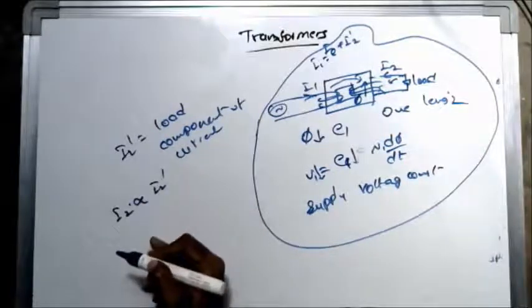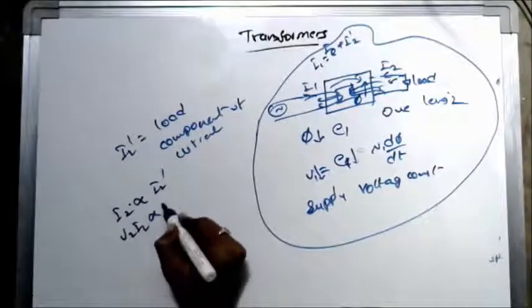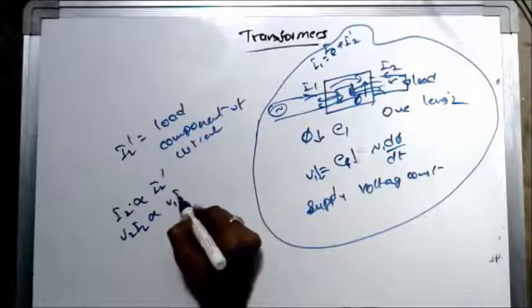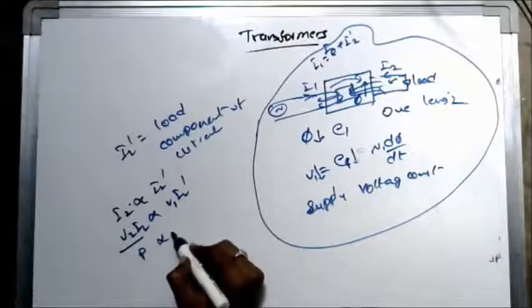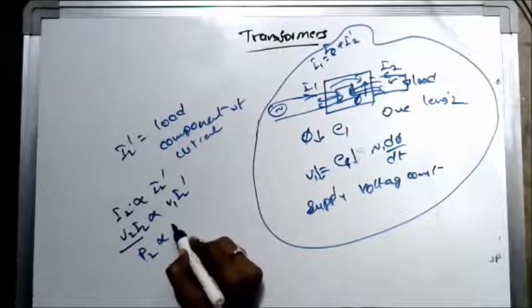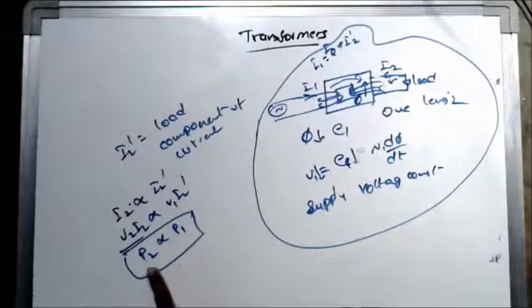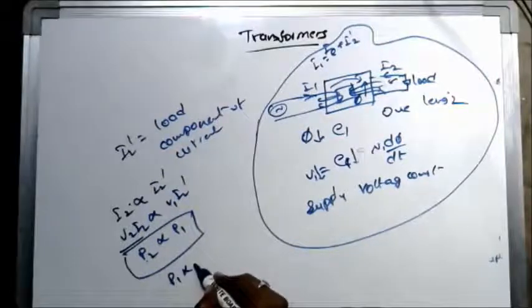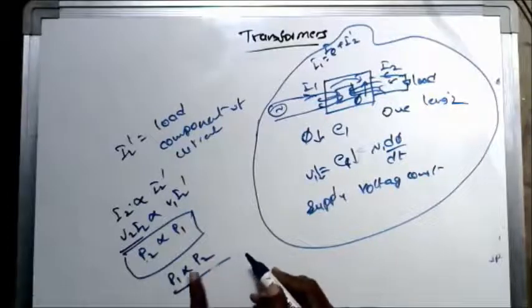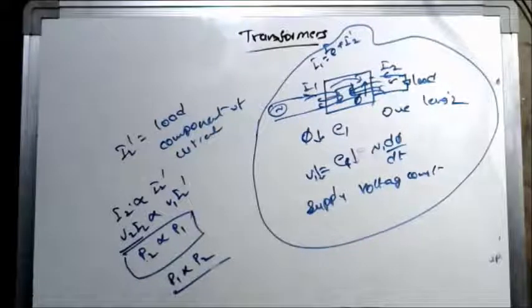Multiply V on both sides: V2 I2 is directly proportional to V1 I2 dash. So the primary power is directly proportional to the secondary power. There is a power transfer that takes place. P1 is directly proportional to P2. So as the load power increases, the source power must increase to supply the same power to the load.